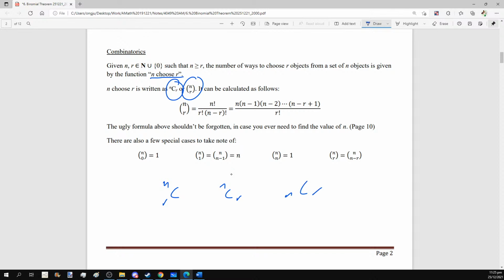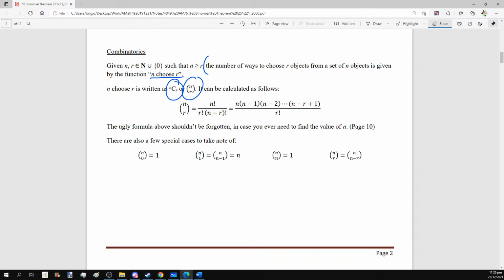There are many different ways of writing n choose r, and it represents the number of ways you can choose r objects from n objects. This choosing only cares about the objects that you have collected. We don't care about the order of collection, right?